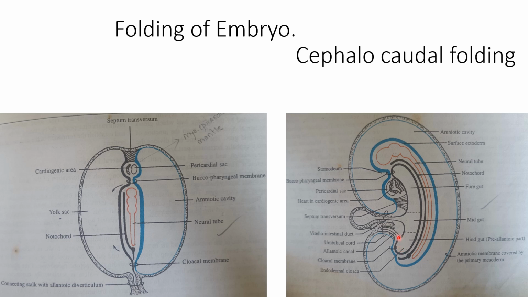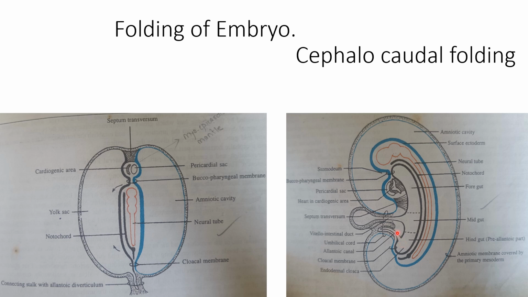Then this allantoenteric diverticulum will divide the hindgut in two parts, pre-allantoic part and post-allantoic part. The post-allantoic part is also known as endodermal cloaca.